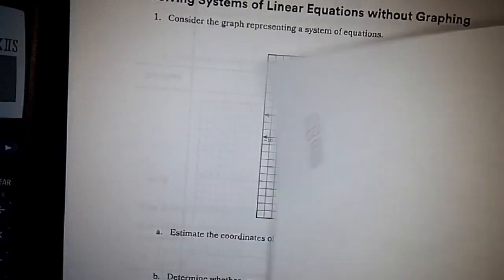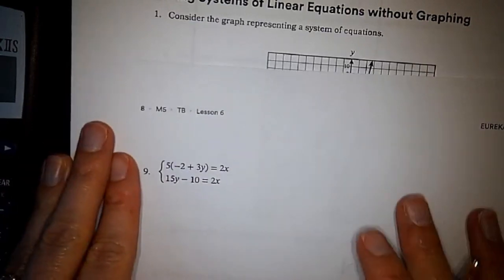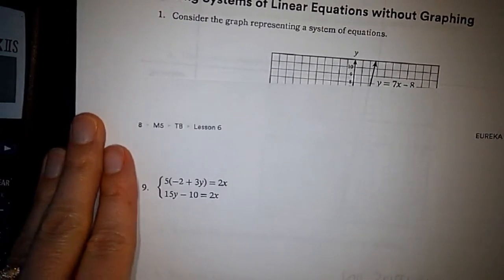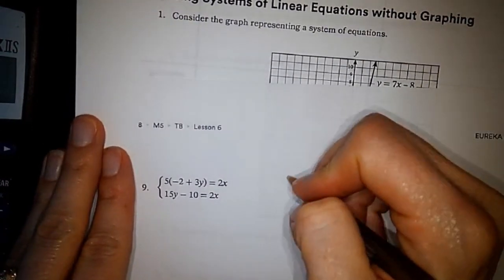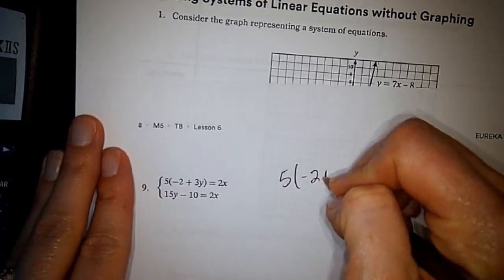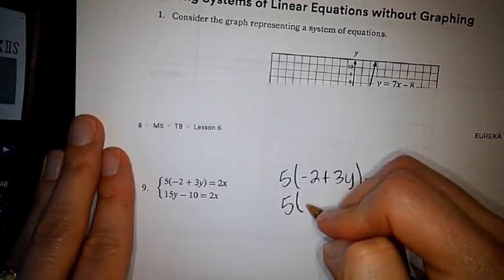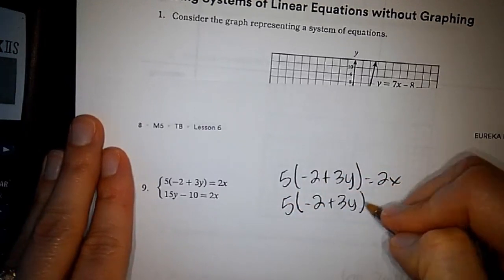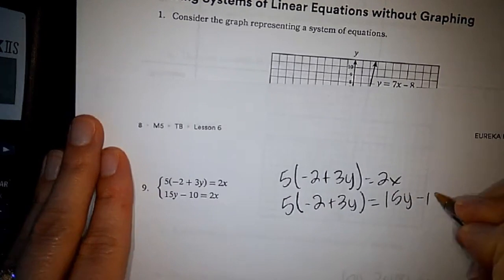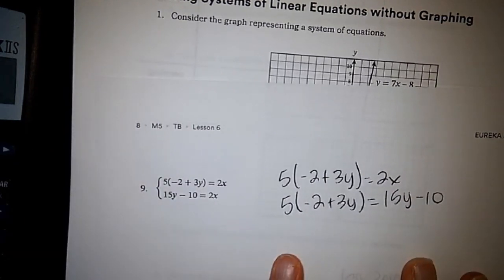Okay, so what we're going to do is, if 2x equals this and 2x equals this, that means that this has to equal this.